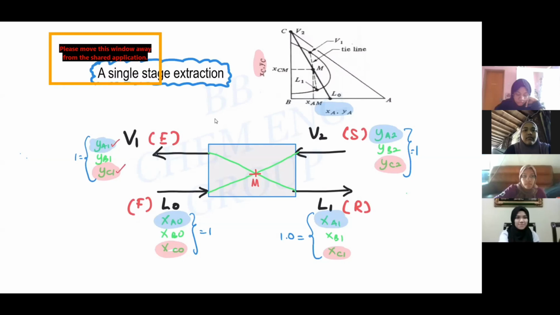You don't need to use the equation to solve the problem. Just draw a vertical line to get your YA1 and then a horizontal line to get your YC1.